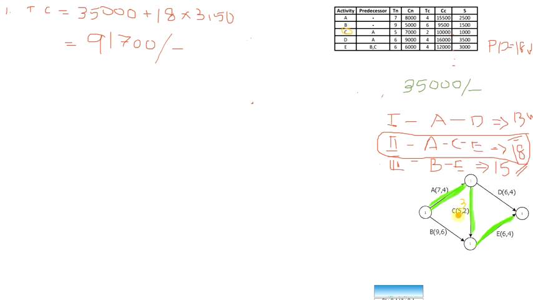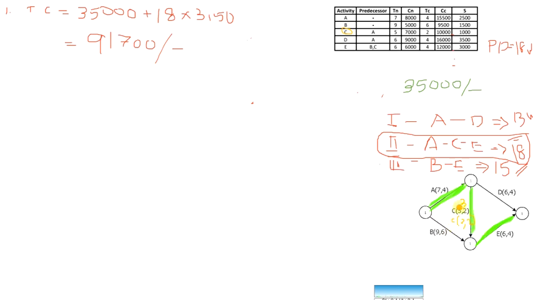That is, we will crash this activity for 1 week, then find the values, then continue with the next step, crash it by 1 more week, do the same process, and another 1 more week. Then the time will become 2, and we will write it as C 2 after crashing 3 times.